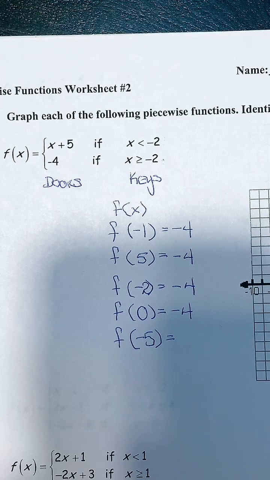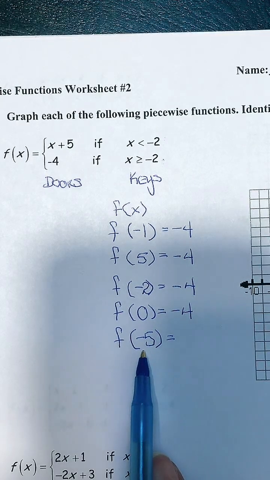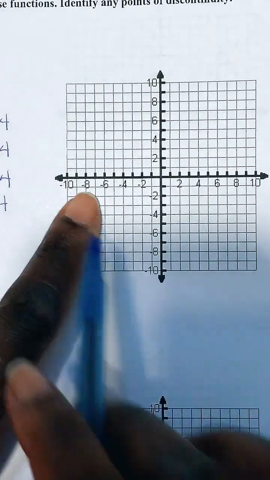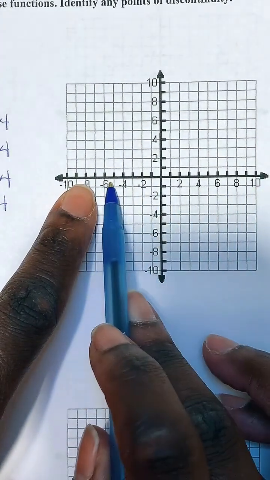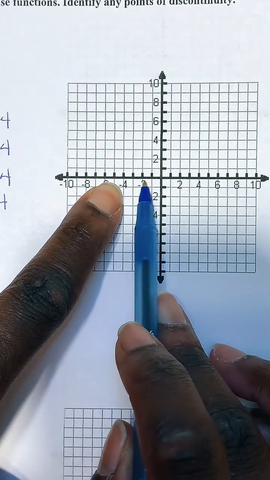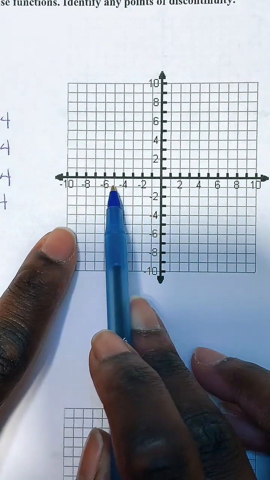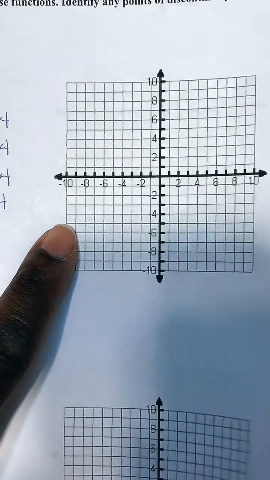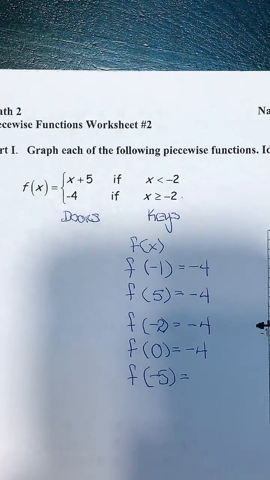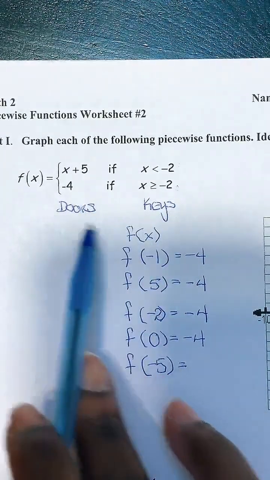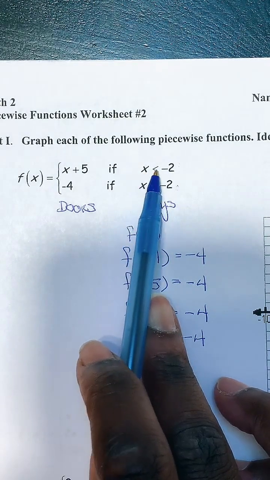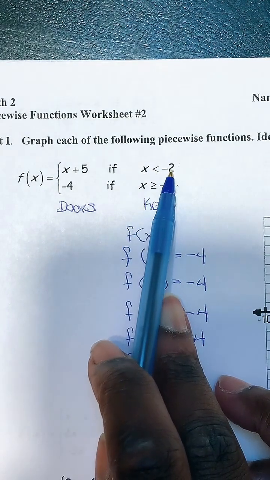All right, thank you. So -5, I'm just going to use the x-axis for a second. Here's -5, here's -2. So -5 is less than -2. Since we're using less than, which key is going to open which door? It's going to be your first one because -5 is less than -2.